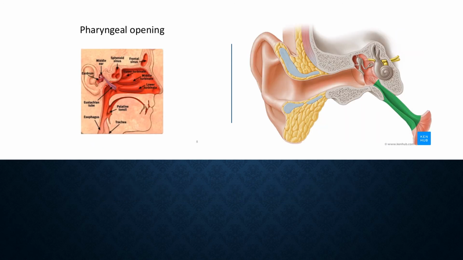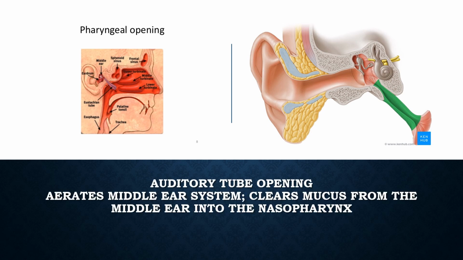In this slide, I have two pictures illustrating the auditory tube opening, which aerates the middle ear, clears mucus from the middle ear and the nasopharynx. And if you look to the illustration to the left, you can see it kind of go through and then meet the sinus.